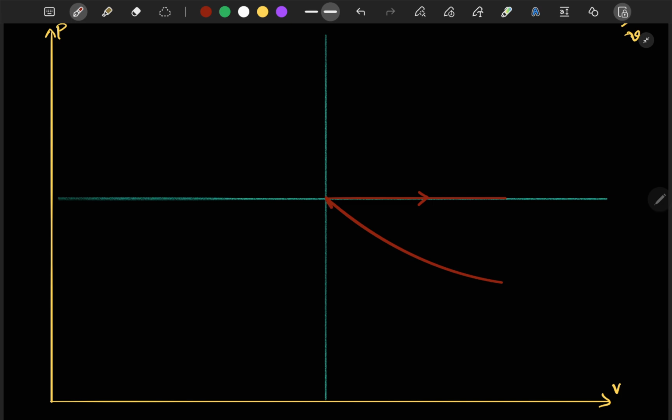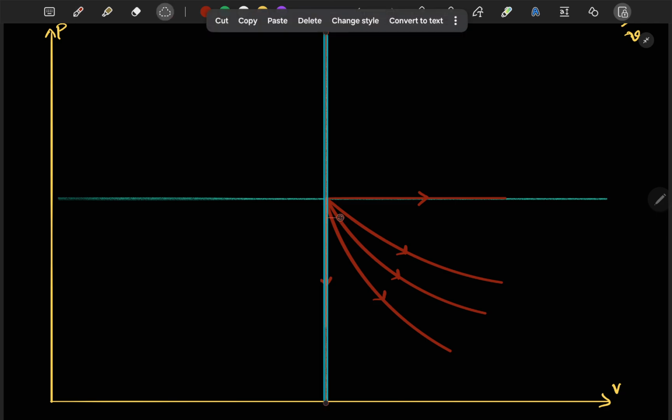After that we have polytropic, then adiabatic. Let me draw it first, and I will explain it to you later. So these are the curves that I have drawn.